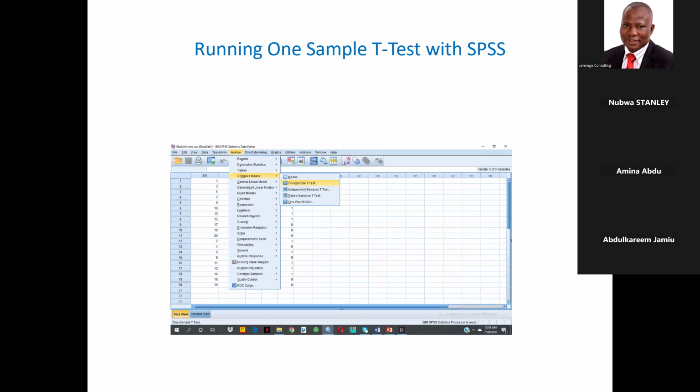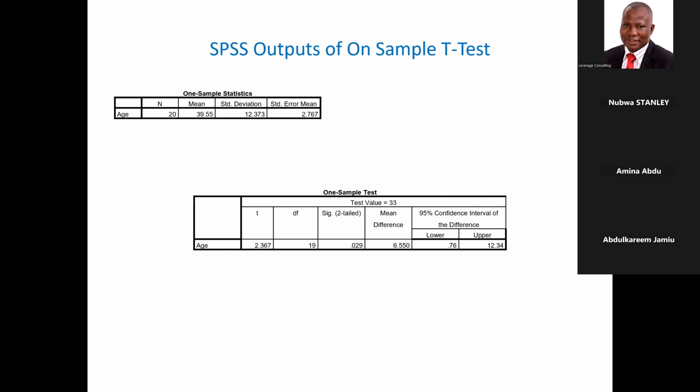So if we are to run it with SPSS, if we give you something like this, look at the output. The first table up, you see age. It gives you the sample size of 20. The mean is 39.55.